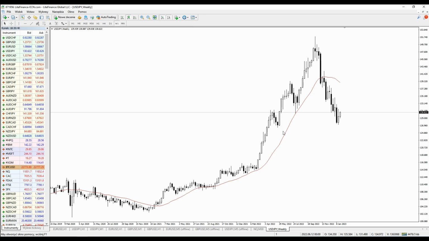The first tip here is that some guys use moving averages based on Fibonacci numbers. So it could be 5, 8, 13, 21, 34, 55, etc.